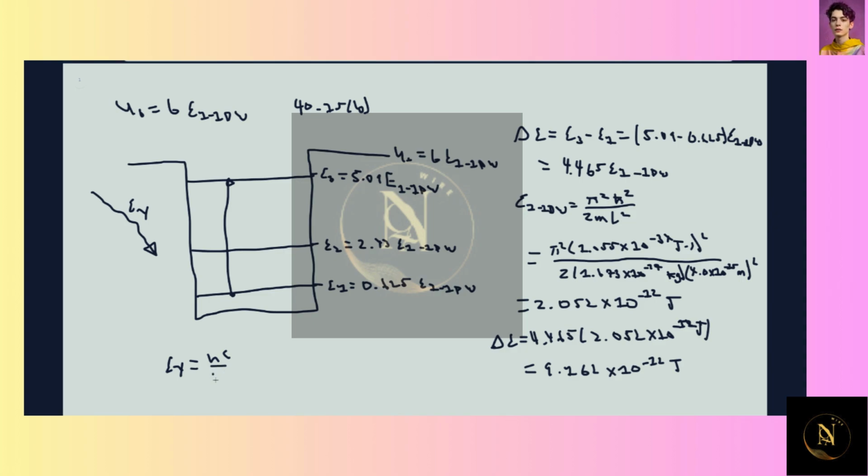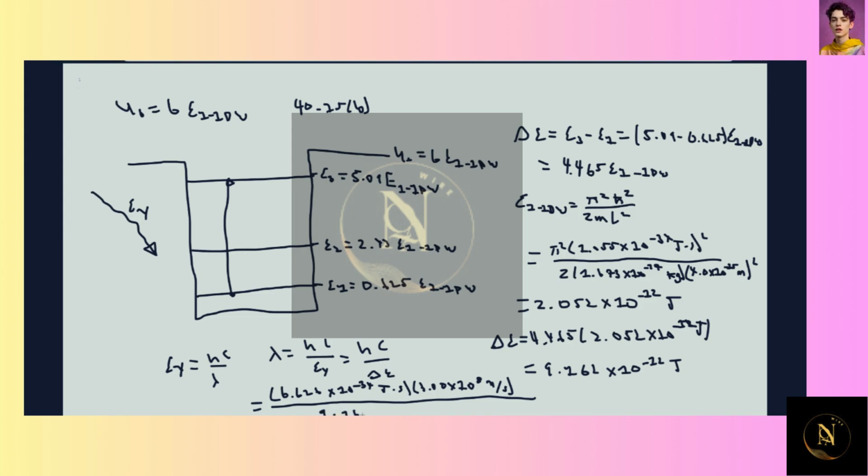So lambda is equal to hc over E gamma, which is equal to hc over delta E. This is 6.626 times 10 to the minus 34 joule seconds times the speed of light, c, which is 3.00 times 10 to the 8 meters per second, divided by this energy, 9.162 times 10 to the minus 12 joules, which gives you a wavelength of 2.2 times 10 to the minus 14 meters, or 22 femtometers.